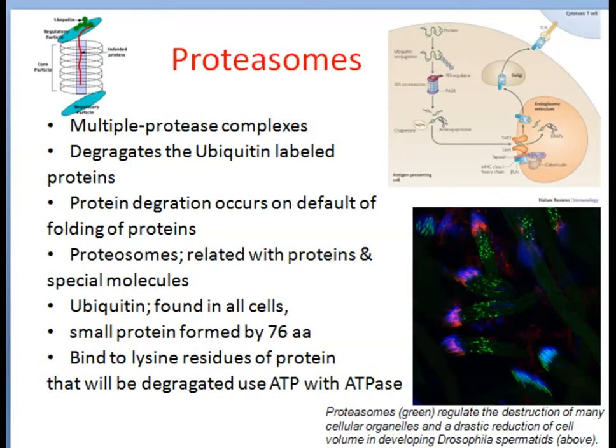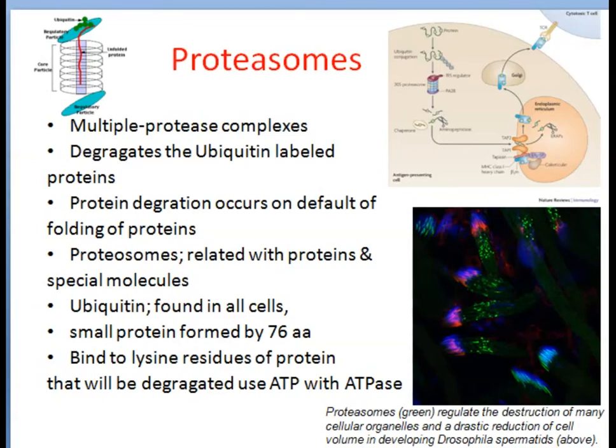Those which are spent, no longer needed by the cell, or which have some problems, such as misfolded proteins, or antigen proteins, some viral proteins that are also produced within the cell itself.